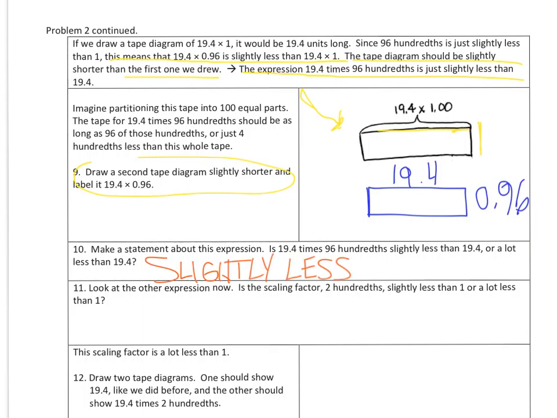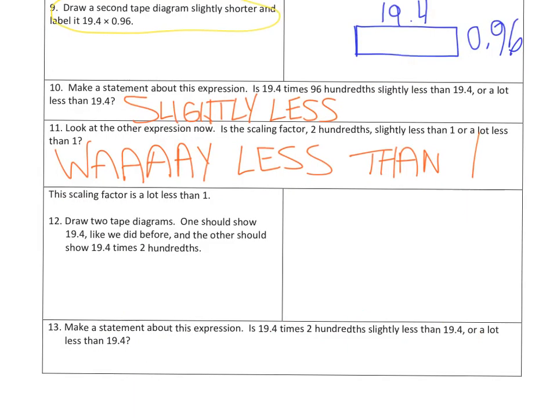So now look at the other expressions. Is the scaling factor 2 hundredths slightly less than 1 or a lot less than 1? 2 hundredths is a lot less than 1. 2 hundredths is darn close to 0, so we're going to say a lot less than 1. So now we're going to do two tape diagrams.